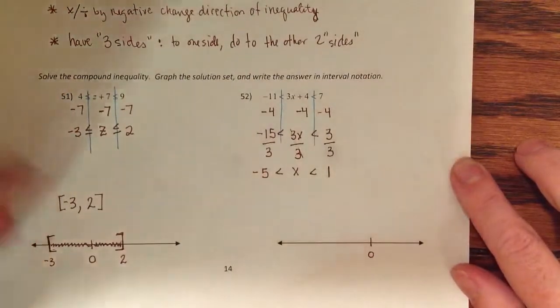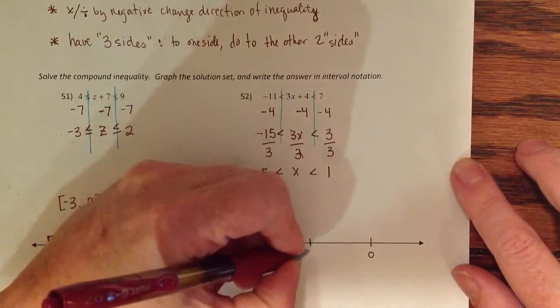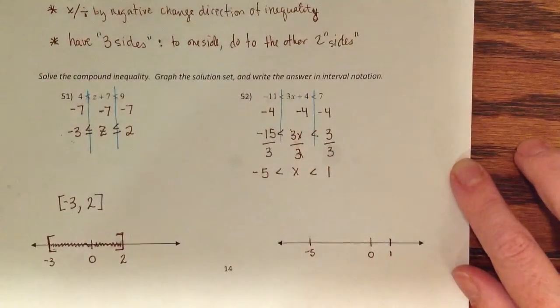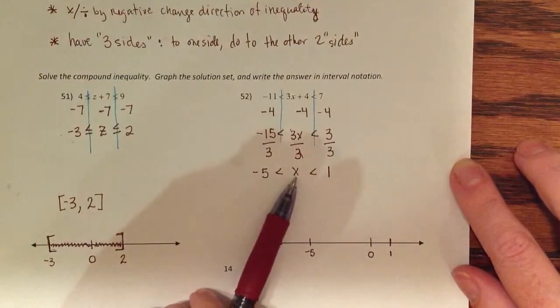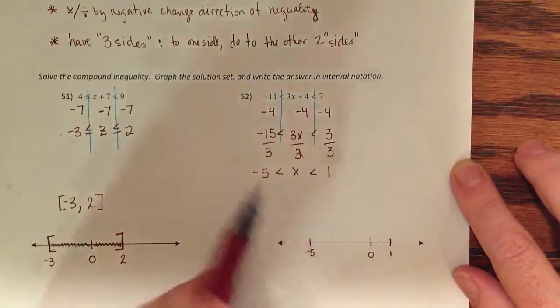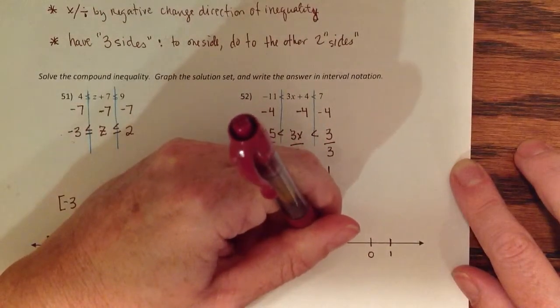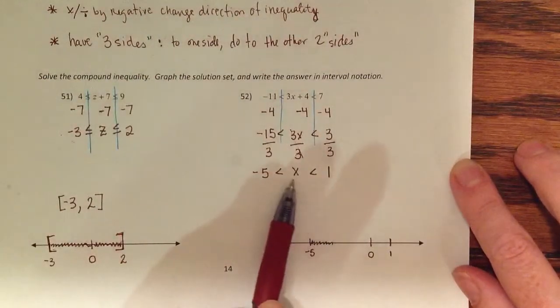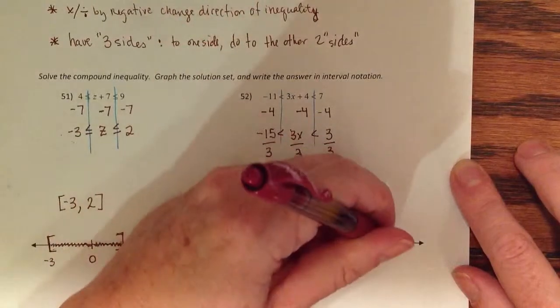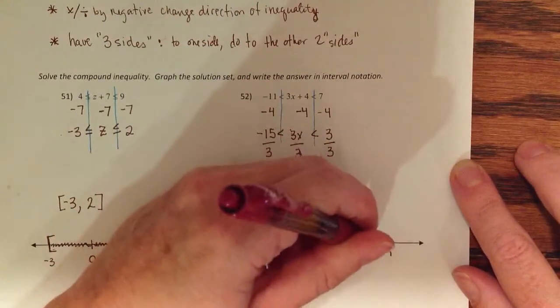I plot my 0. Negative 5 lies somewhere down here. Positive 1 is somewhere up here. And once again, x needs to be values that are larger than negative 5. So I'm going to be shading this direction. But x also has to be values that are smaller than 1, which makes me shade this direction.